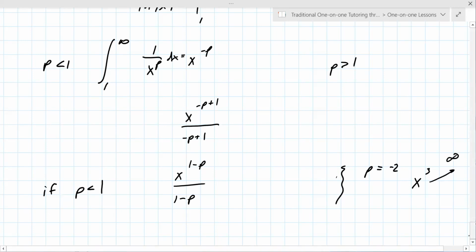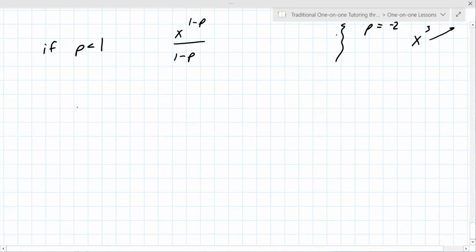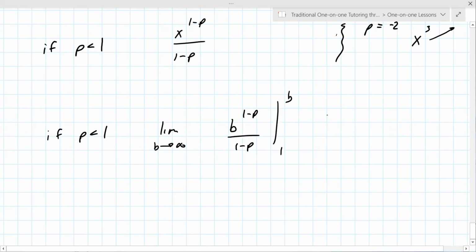What you do is you say if p is less than 1, the limit as b goes to infinity, because b is what you plug in for x, of b to the 1 minus p over 1 minus p, evaluated from 1 to b, you show that this diverges. And for p greater than 1, it's the same thing. We did this before. You show that this does converge.